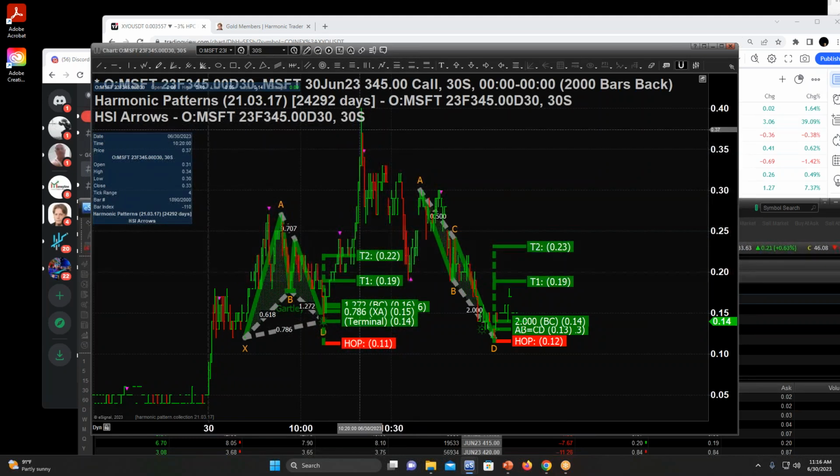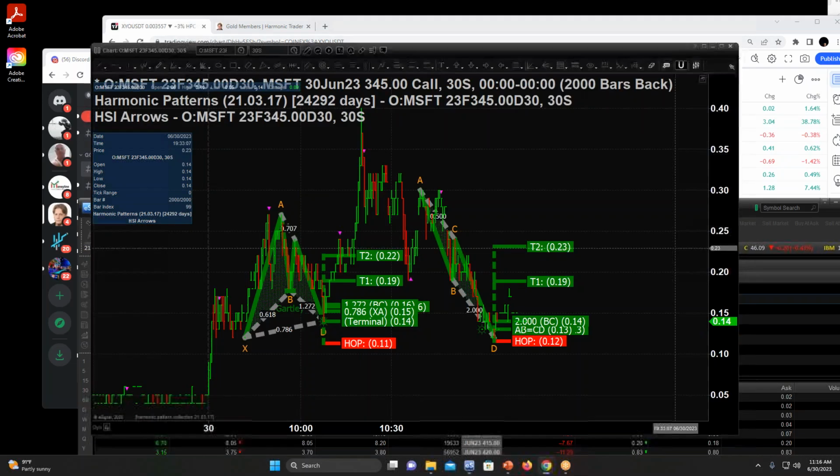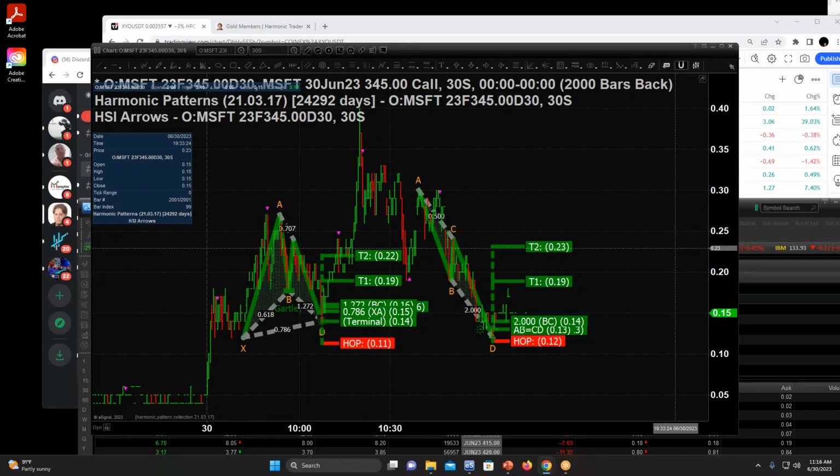That's interesting. 14 cents, 345. Wow. Let's look at Microsoft. 341. Would have to rally $3.50 just to get in the money. But check it out.